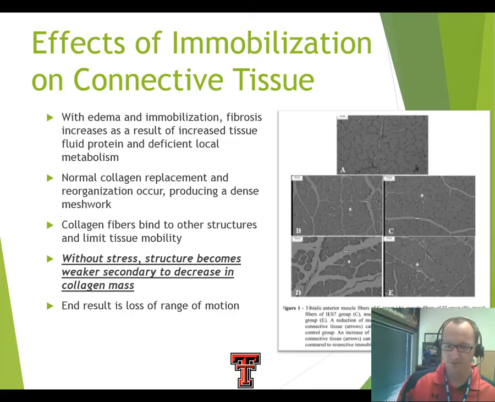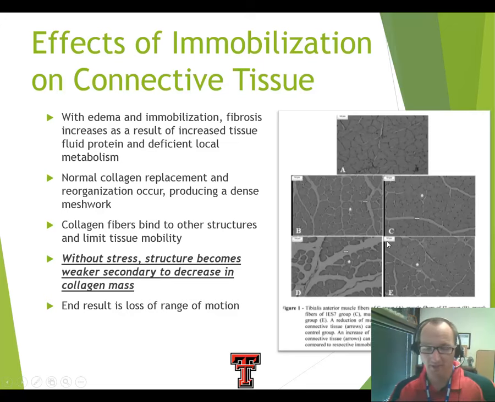Okay, so intramuscular connective tissue is seen in the immobilized groups. So you see that most markedly in D. In this particular study, this was a rat study looking at tibialis anterior, and these were uninjured subjects.